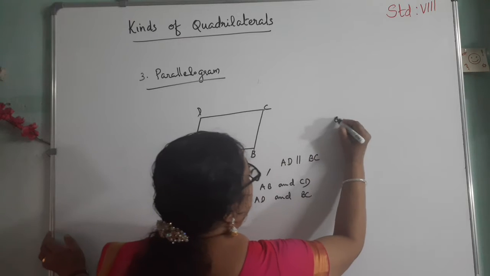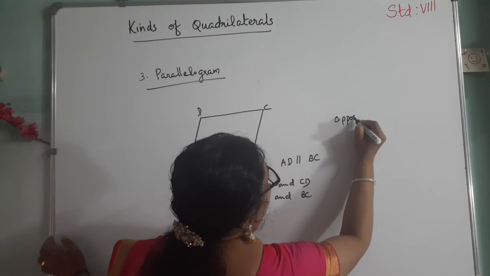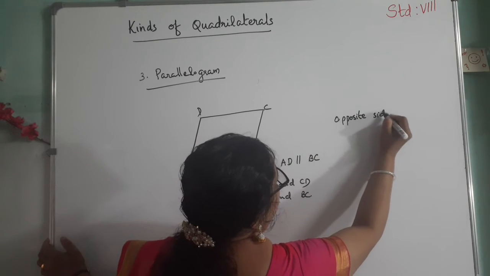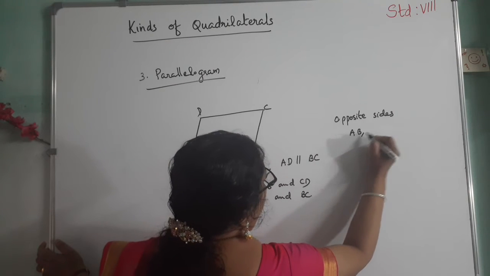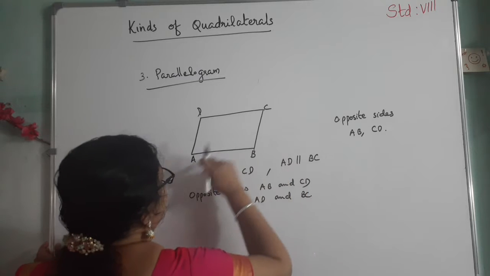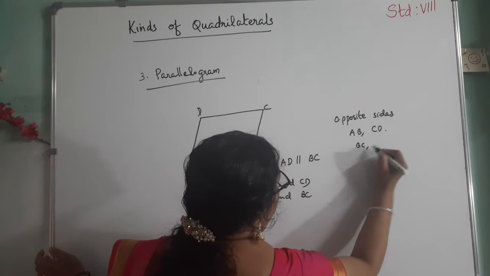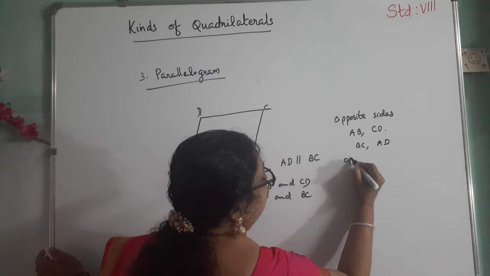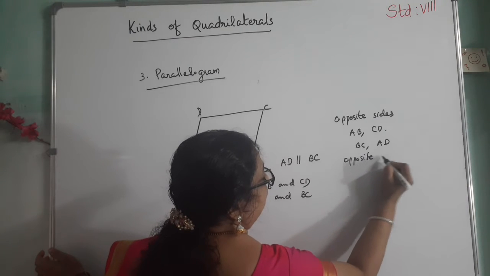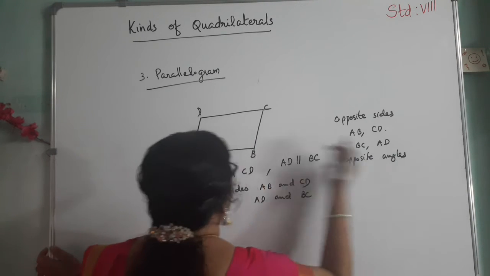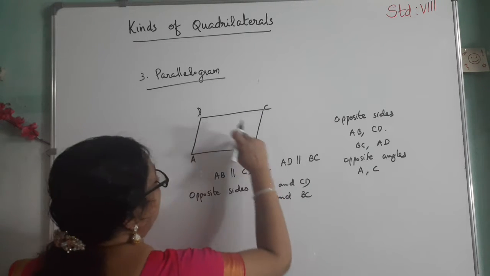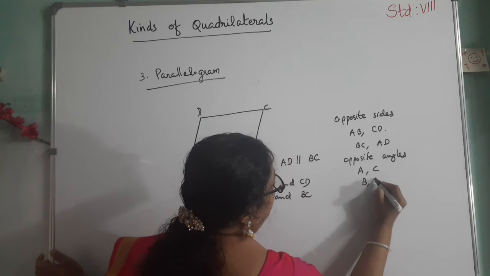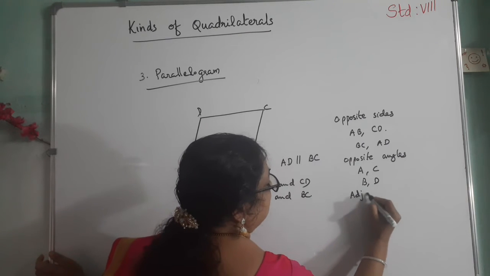So opposite sides are AB and CD, then BC and AD. Then opposite angles, that is A and C, B and D. Then adjacent sides.